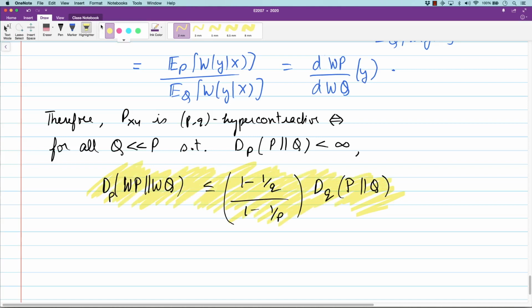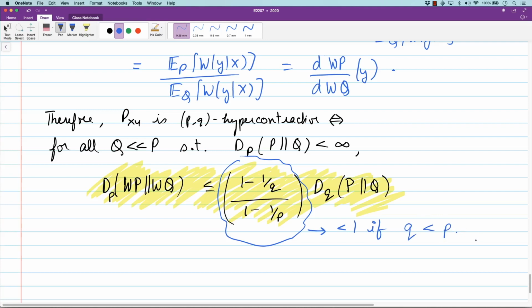What is important here is that if you look at this constant, this part here, this is less than 1 if 1/q is greater than 1/p, that is, if q is less than p.